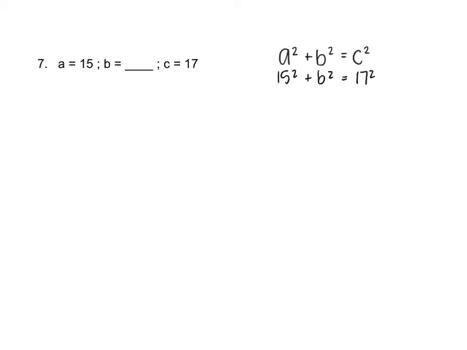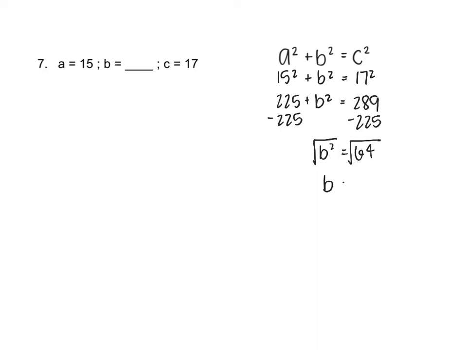We're then going to multiply 15 squared to get 225 plus b squared, which is equal to 17 squared, or 289. We subtract 225 from both sides, and when we do that, we're left with b squared equals 64. We don't want b squared, we just want the value of b. So we're going to square root both sides, and we get b equals 8.